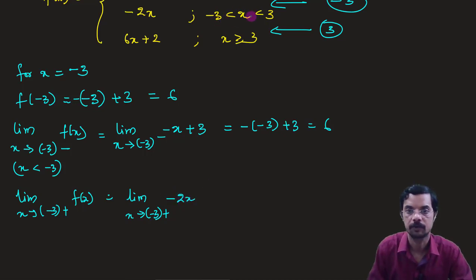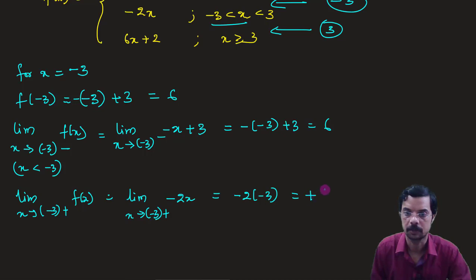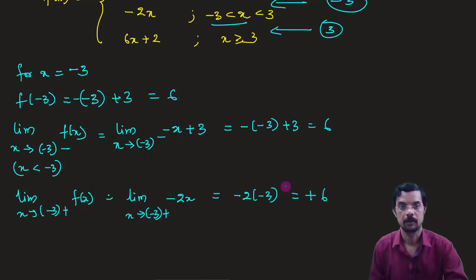From the right means x is greater than minus 3, and we can read it here clearly, that is minus 2x. So instead of x you put minus 3, so we get minus 2 into minus 3, that is equal to 3 2s are 6, plus 6. Fine.